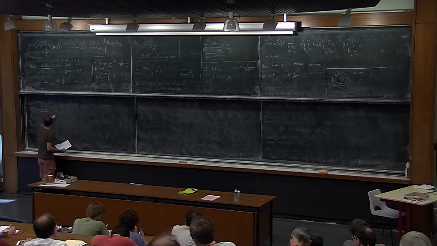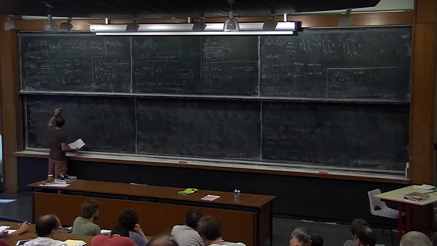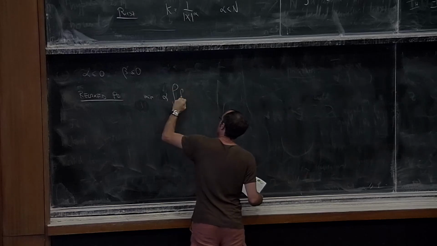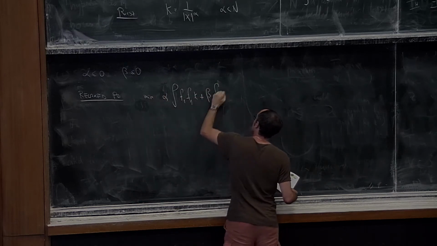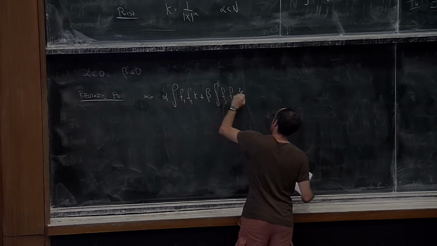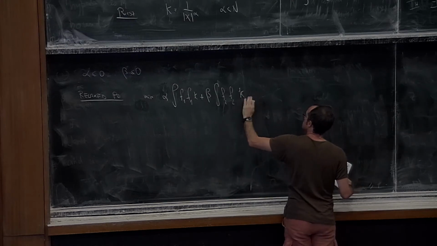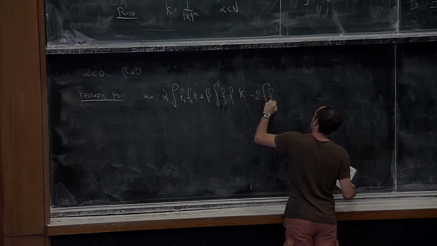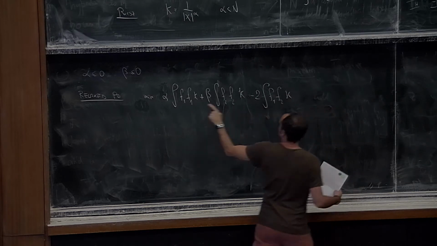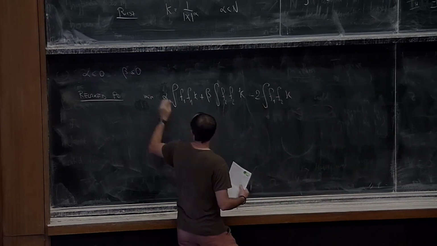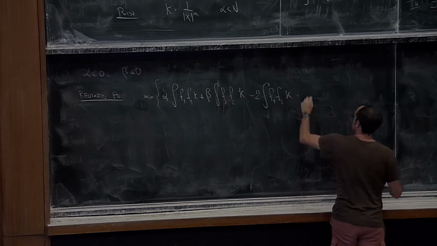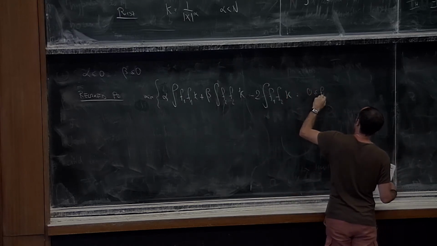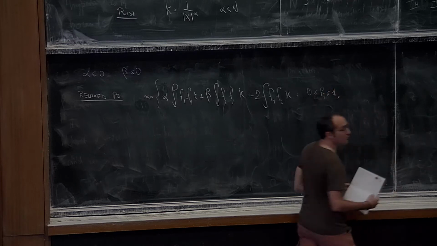The minimum of alpha f1 k f1 plus beta f2 k f2 minus 2 f1 k f2, where these are now densities, and there are of course some natural conditions that each density is between 0 and 1.